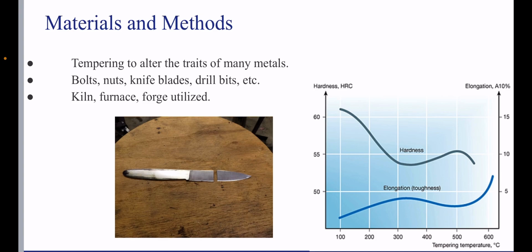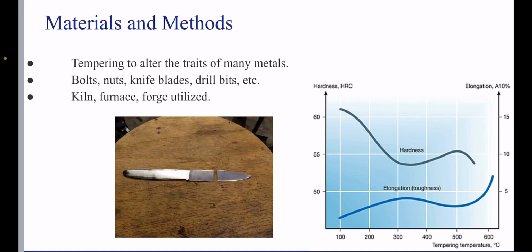With tempering, it's used to improve the characteristics of many metals, particularly steel. For example, bolts, nuts, knives, knife blades, and drill bits all undergo the tempering process.